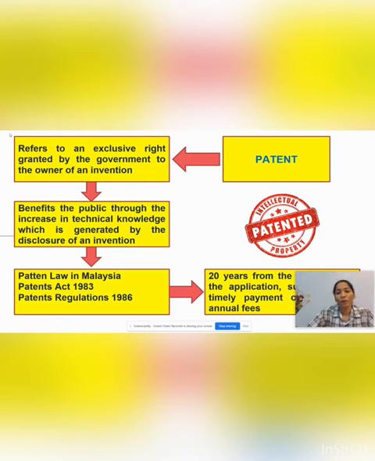However, where a patent application was filed before 1st August 2001 and was pending on that date, the duration of the patent granted on that application is 20 years from the date of filing or 15 years from the date of grant, whichever is longer.